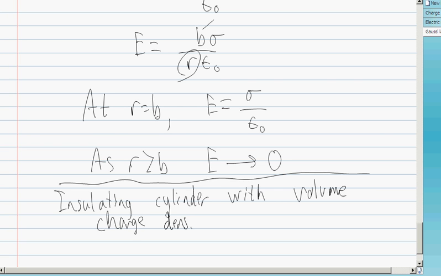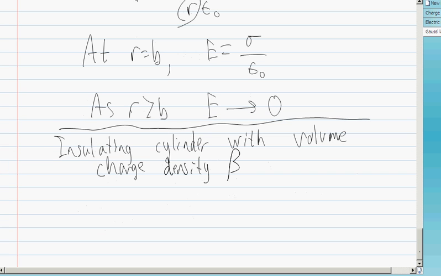Yeah, I know, it's not fun. And we're going to call the volume charge density something. Let's see. We'll call it beta. Why, I don't know. But that means that beta is going to be coulombs per meter cubed.